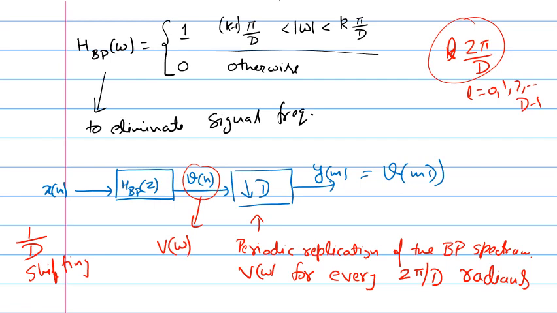Shifting by 0 gives the original spectrum, the second replica is obtained by shifting by 2 pi by D, the third replica at 2 into 2 pi by D, the fourth replica at 3 into 2 pi by D, and so on. Then all these replicas will be added. We'll see this with an example. Let's move to the next slide.